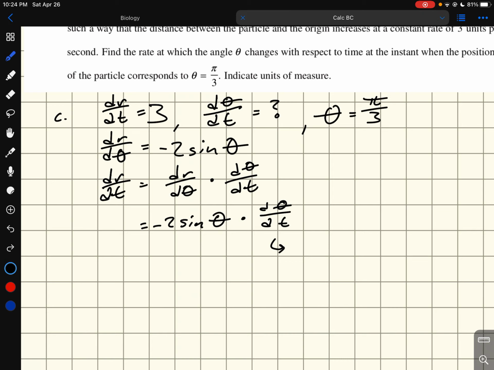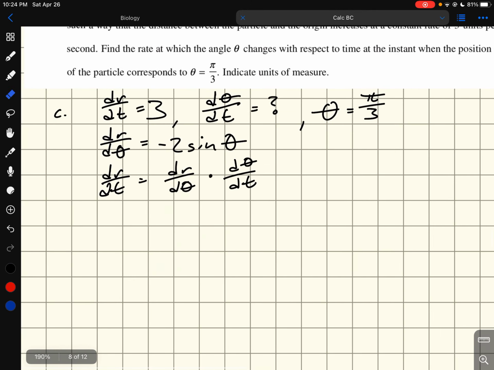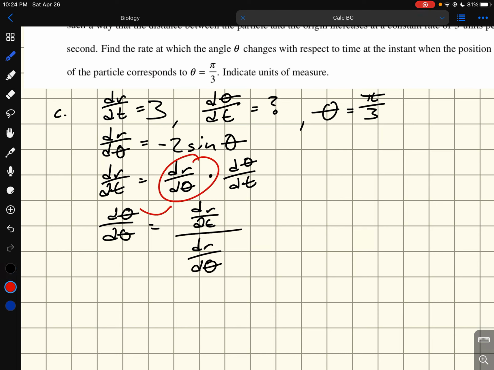So I'm actually going to rewrite this. We're going to write this as d theta dt is equal to dr dt divided by dr d theta. So what we did is we divided this into this side. So then it becomes dr dt over this dr d theta.